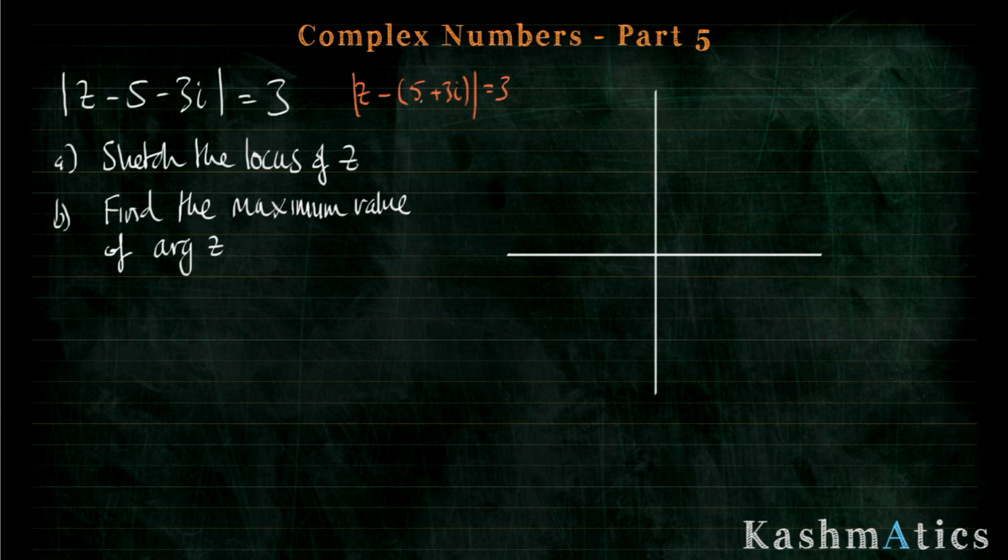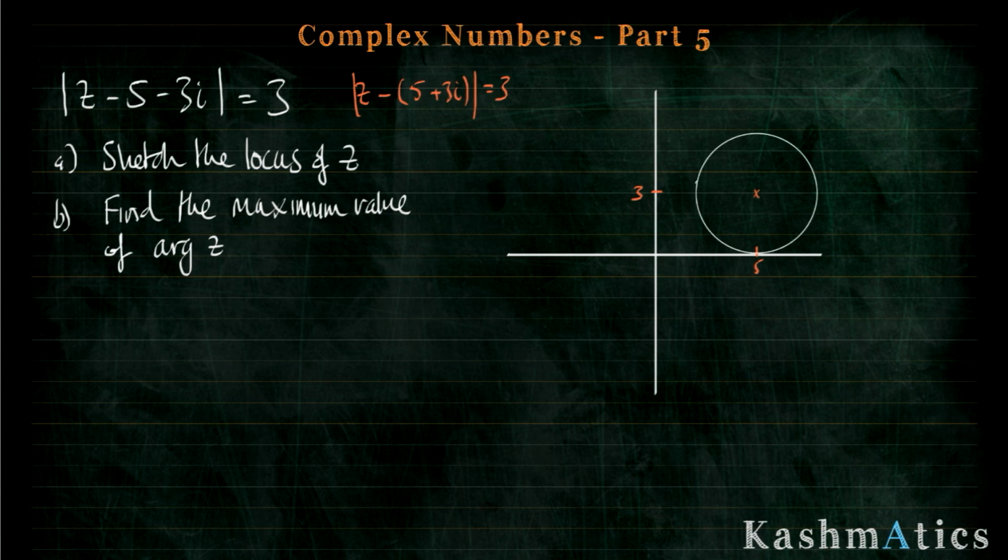And what that means is the center is at (5, 3), so 5 across and 3 up. So that would be there, and the radius is 3, which means this distance here is 3, so it'll just about reach. Well, it will reach the axis here, but it won't reach the axis here.